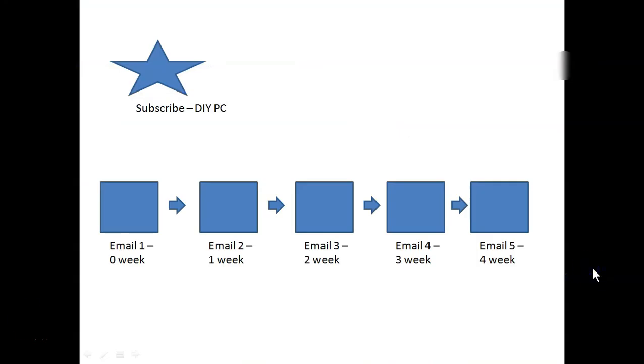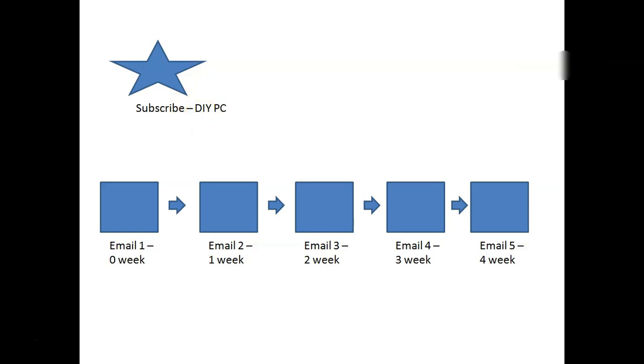Just to reiterate what we just read, this is just a diagram to demonstrate the power of a sequence email. So for instance, you might set up a campaign like a landing page where people opt in, press the submit button, and they automatically subscribe to your mailing list. In this case, I'll call it DIY PC.